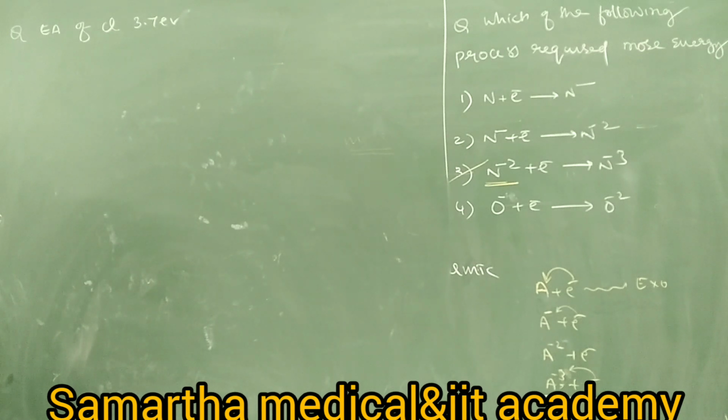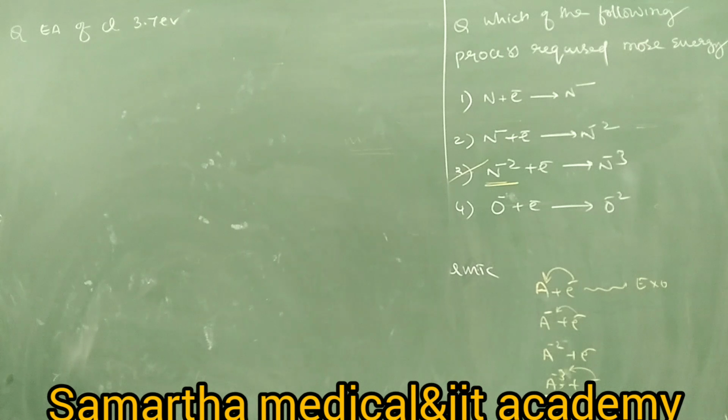Sorry, not required, released. How much energy in kilocalories is released when 2 grams of chlorine is completely converted into Cl minus ion in gaseous state.